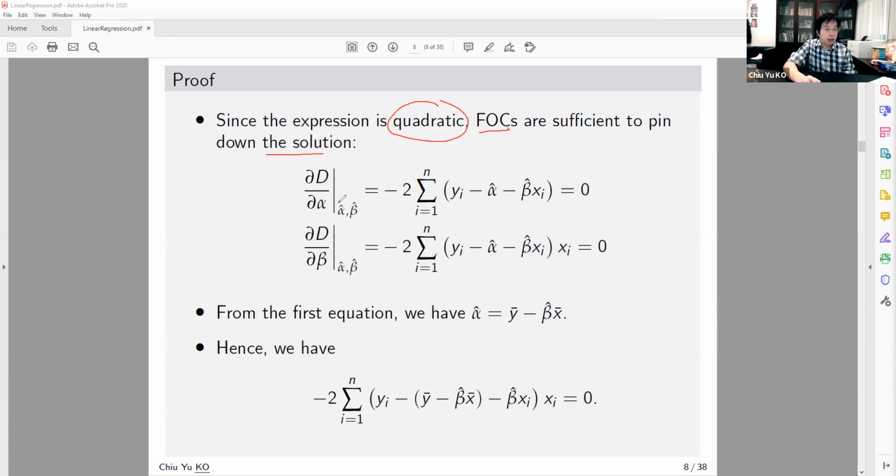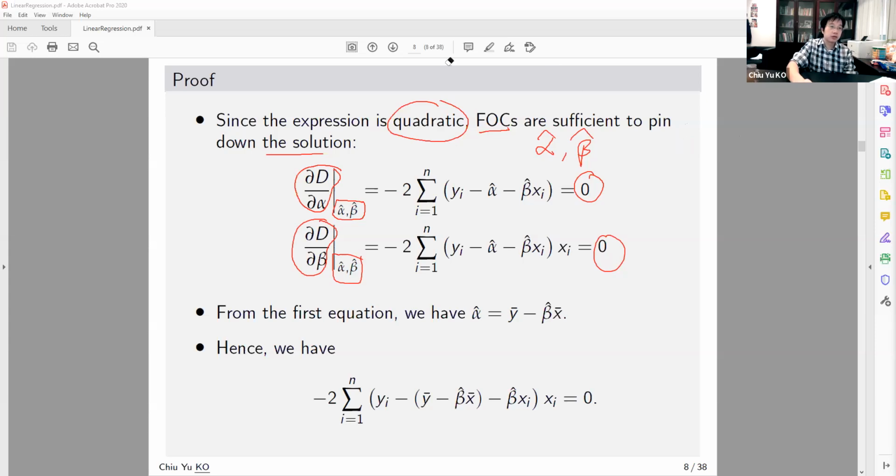But what it says is you take the partial derivative over alpha and beta, and at the optimal solution, the minimum, when you evaluate this value, it equals 0, okay? This is exactly the same as single variable calculus, right? Suppose you want to maximize or minimize, maybe just minimize would be easier.